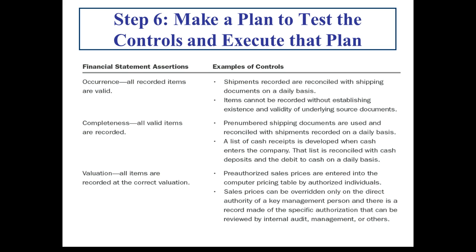Well, now there's something called valuation. So an assertion, are we valuing these items as they should be? Is it the correct valuation? Well, how do we determine that? A lot of times in the system, there are going to be pre-authorized sales prices.